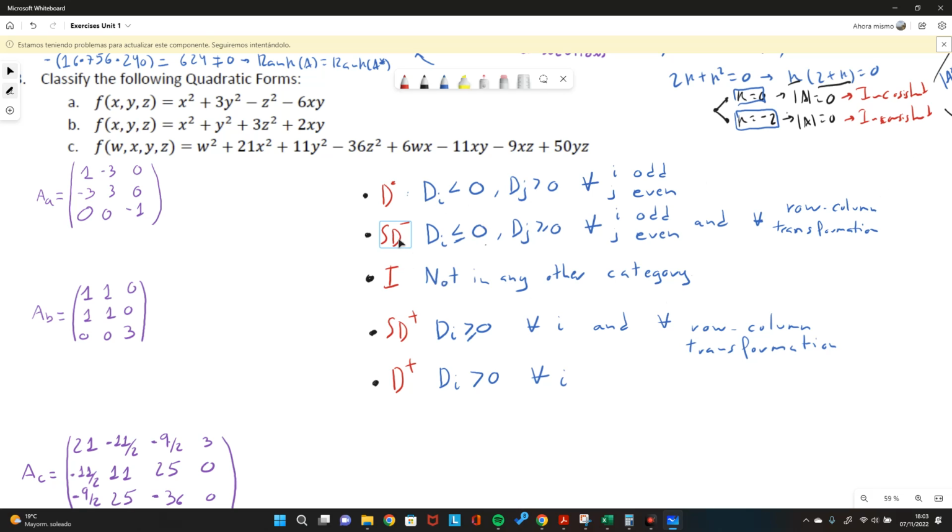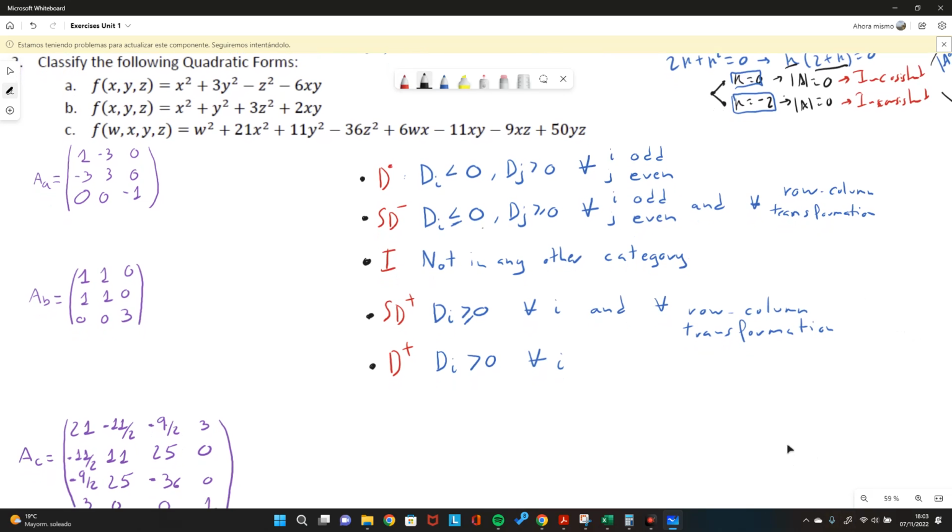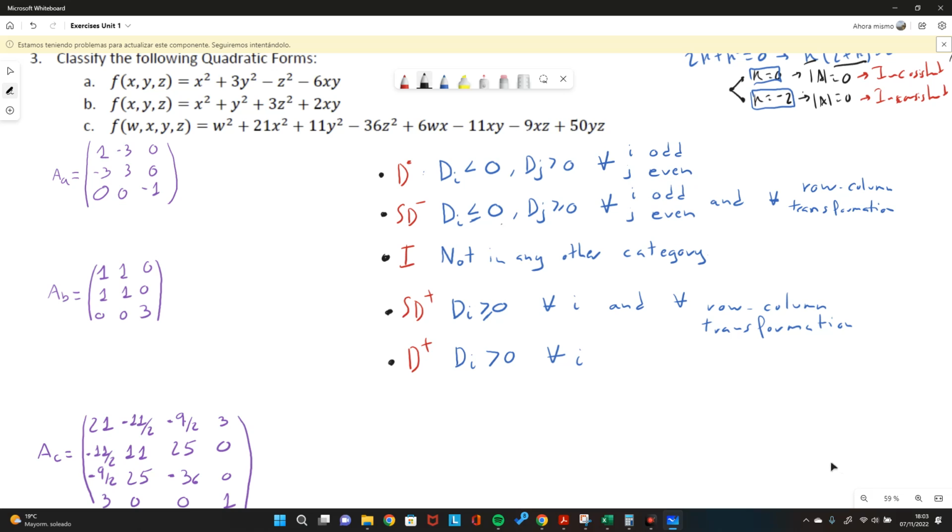The same holds for negative semi-definite, but with zeros in there. Positive definite is when every principal minor is positive, and positive semi-definite is when every principal minor is positive or zero. Remember that for negative semi-definite and positive semi-definite, you have to check every row and column transformation.